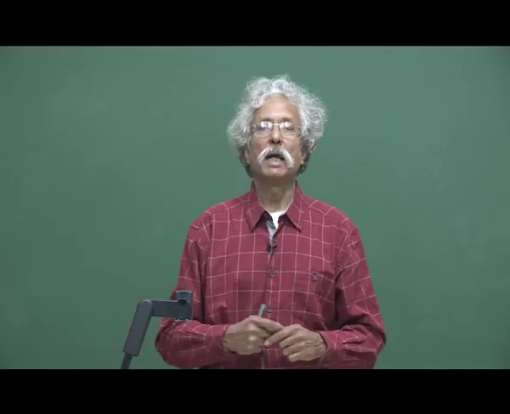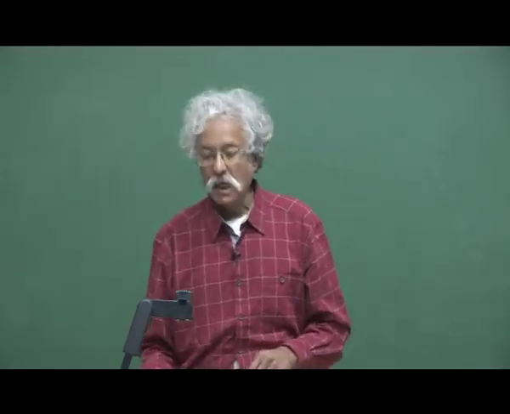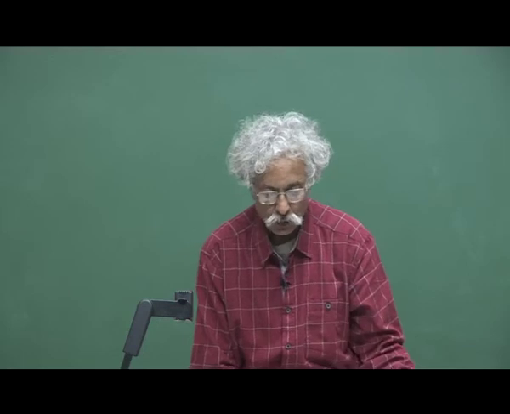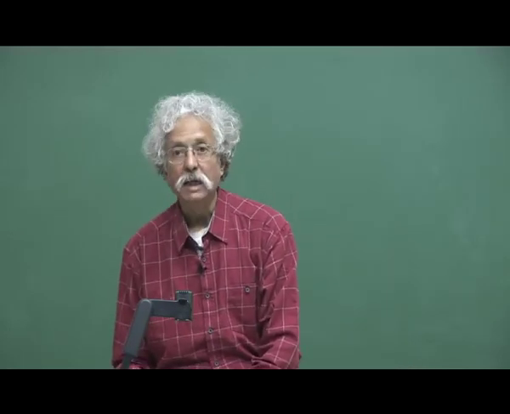For distances very large compared to the size of the dipole, it acts like a point dipole, and these are the magnetic fields produced by these dipoles along the axis of the dipole and in the plane containing the dipole. So, we have been able to obtain expressions for the magnetic field produced by the dipoles along the axis and in the plane of the dipole.